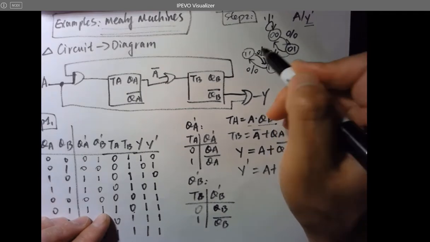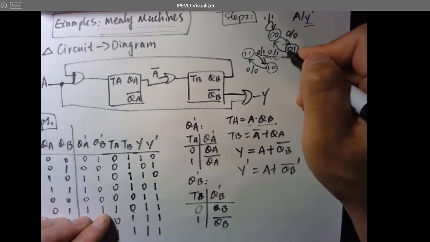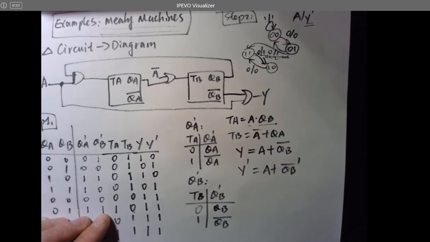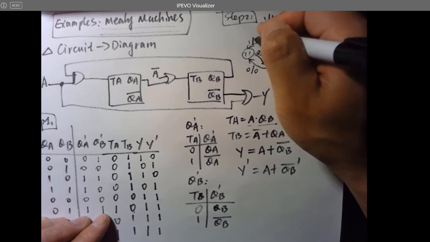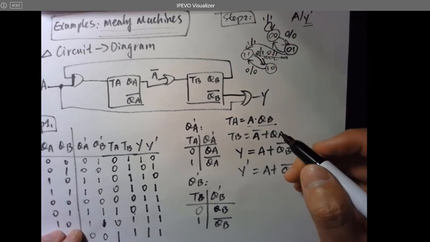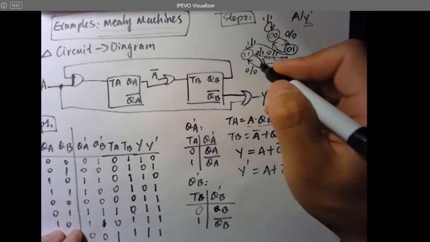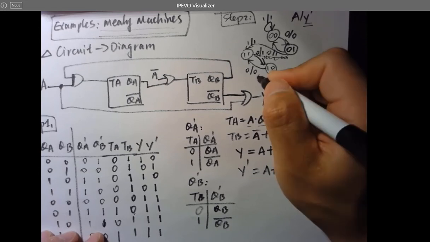No, it's confusing. So 0, 1 to 1, 1, and A to be 1, y prime to be 1 as well. And 1, 0 to 1, 1 again. So it can be 1, 1 here.